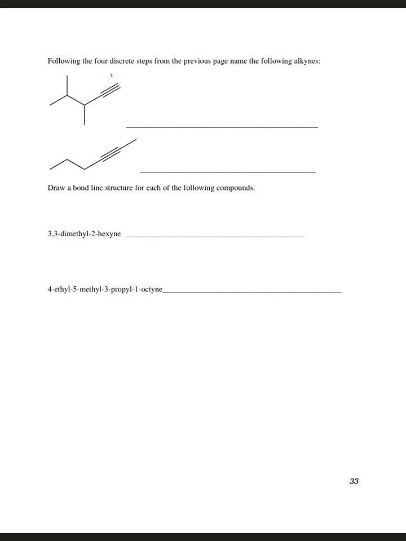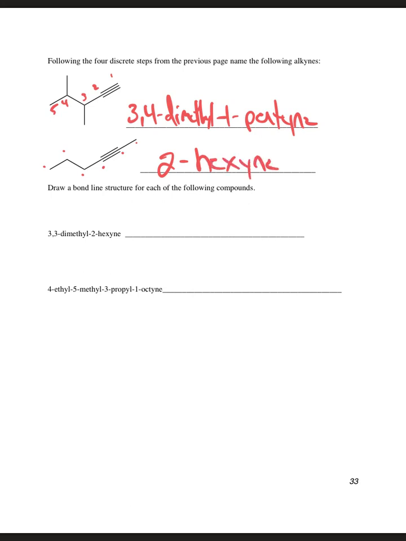So to name things, 2, 3, 4, 5. This is a 1-pentyne, and off of it we have a 3,4-dimethyl, so 3,4-dimethyl-1-pentyne. The next one is 1, 2, 3, 4, 5, 6 carbons, so it is a 2-hexyne. The next one is labeled wrong. It needs to be a 3,3-dimethyl-1-hexyne.